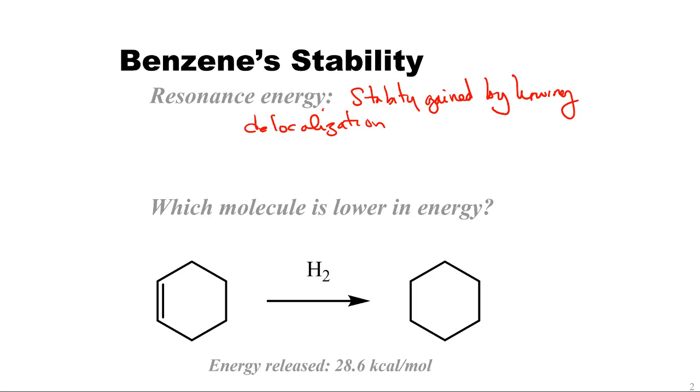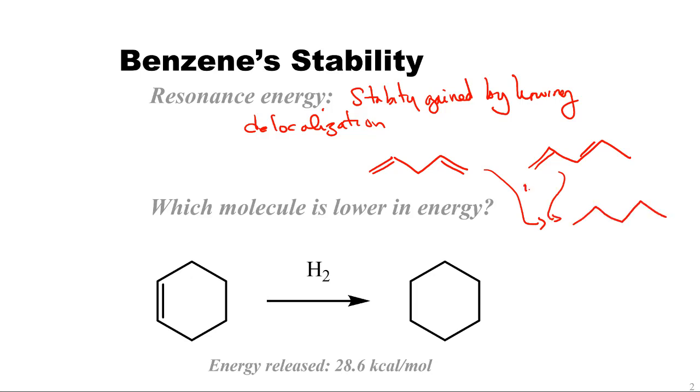Okay, so to see this, what you need to do is look at molecules that look like this versus looking like this. And then we do the hydrogenation of these compounds to form their alkanes. And you'll note that both of these form the same alkane.